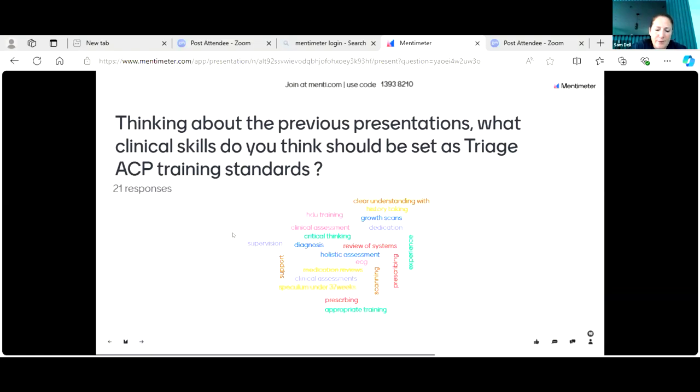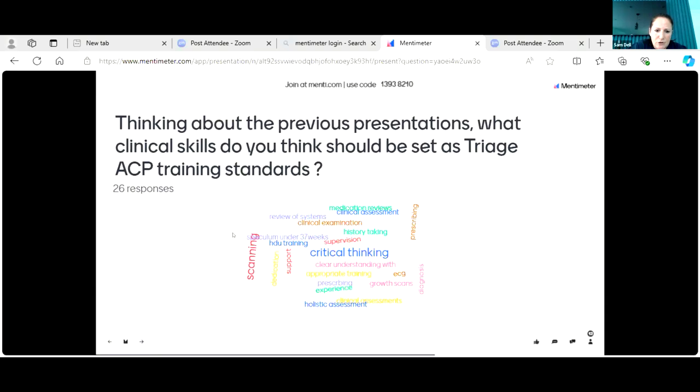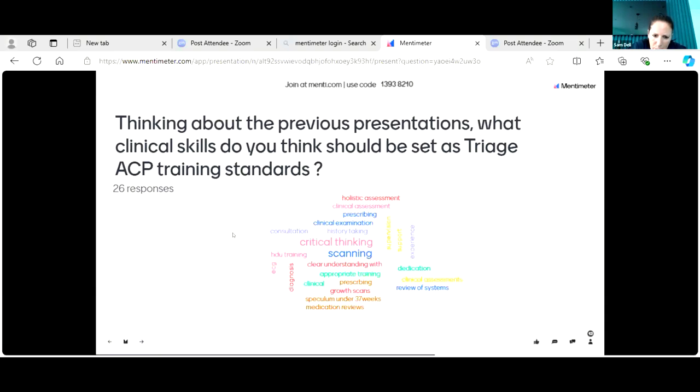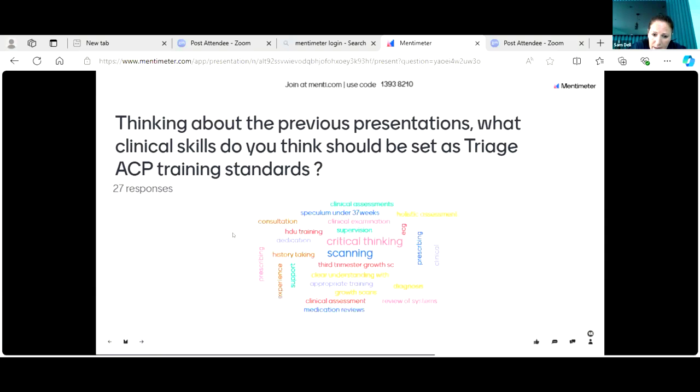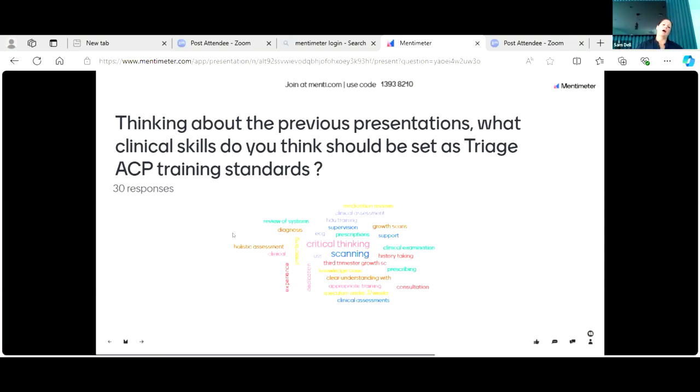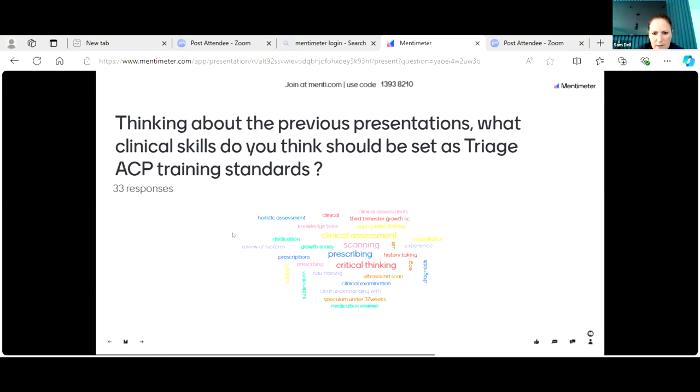Yes, definitely. Clinical assessments for sure. History taking, appropriate training, prescribing, growth scans. Yeah, so very much all the things that we were talking about earlier, but with a lot more information on here. So really good answers coming through.